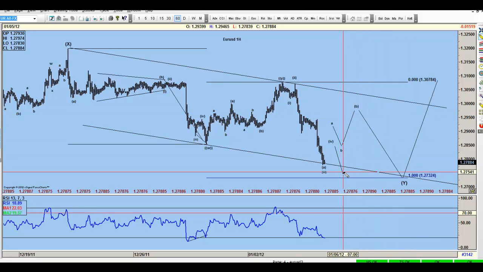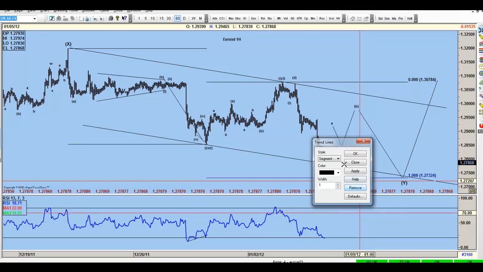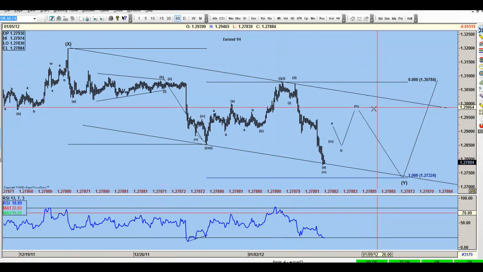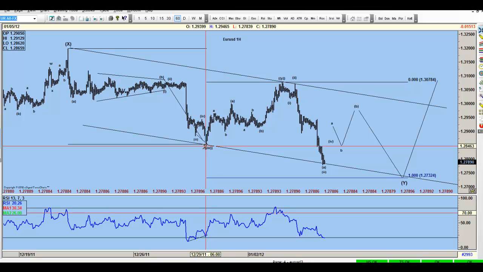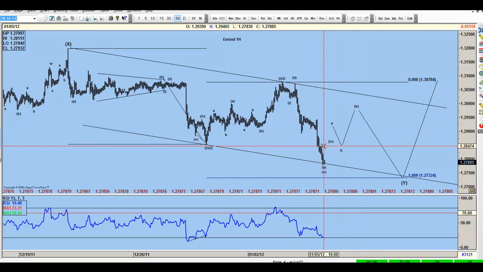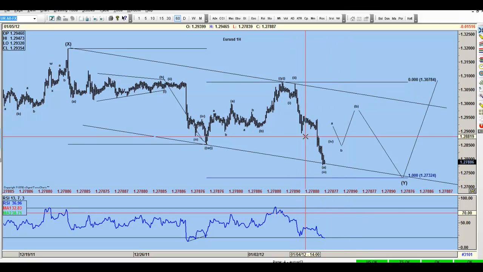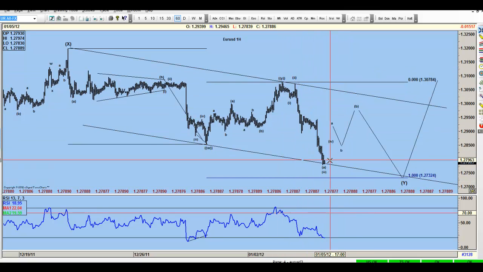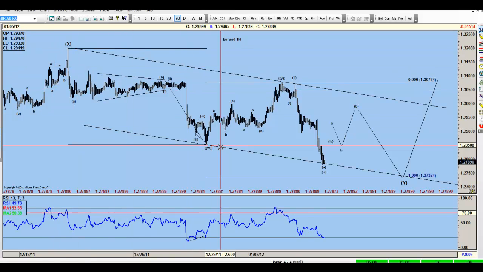Now, I see the channel here also from the 2 tops, and I put it on the bottom of the W. Usually, if this is the corrective wave, this channel in some degrees should hold. Now, for now, I don't see divergence. For me, this is a 3-wave move, either in A, B, C, and the whole move is ending here, or this is a part of a 1, 2, ending 3, a 4, and a 5, 3 back and lower.